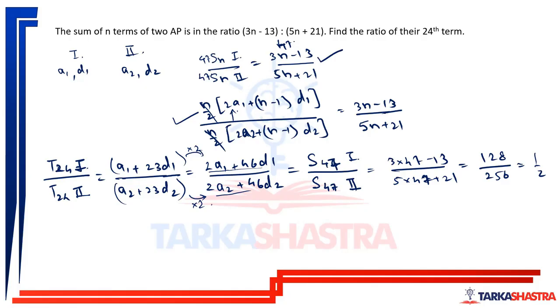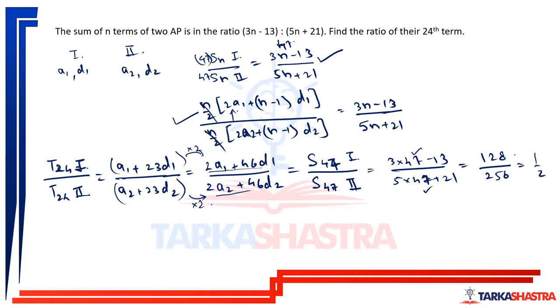If we want to find it for 47 terms, we substitute n equal to 47. If we want to find it for 56 terms, we substitute n equal to 56. We wanted 47 terms, that is why we substituted 47. Next is 120.